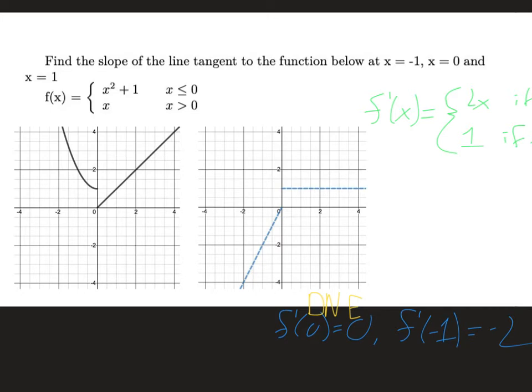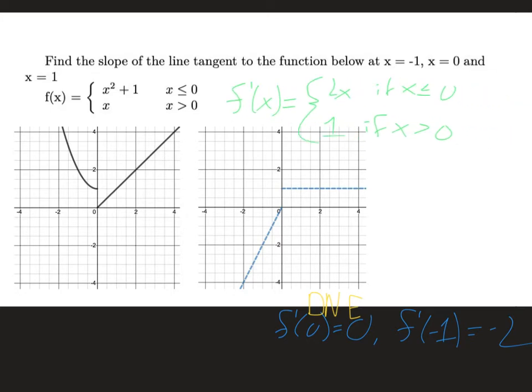Let that h, which is the change in x, become 0. And as h is approaching 0 on the left, the value of the derivative is approaching 0. But as h approaches 0 on the right, the value of the derivative is just 1 that whole time. So this derivative does not exist at 0. So I actually have to modify what I said for my piecewise derivative here.